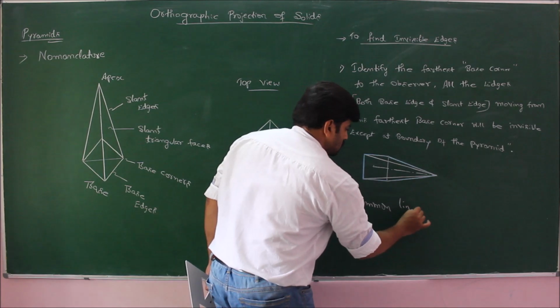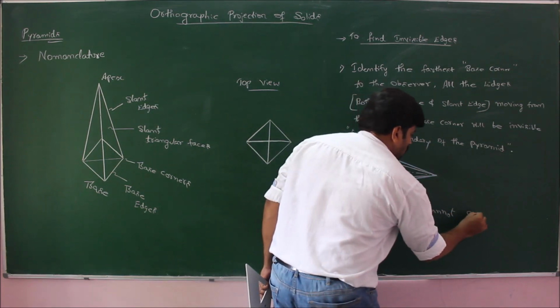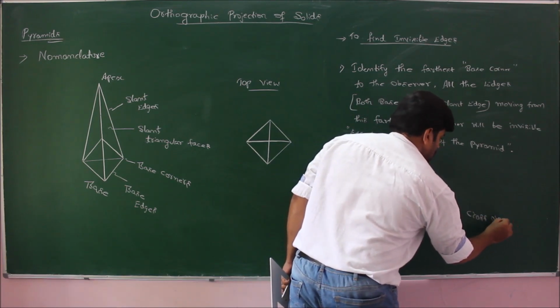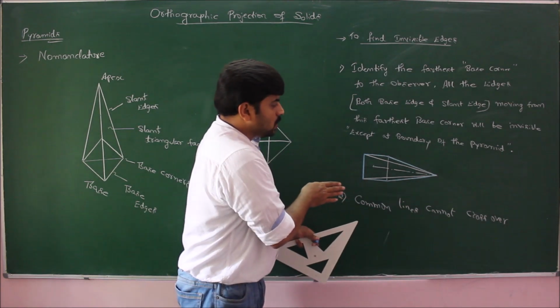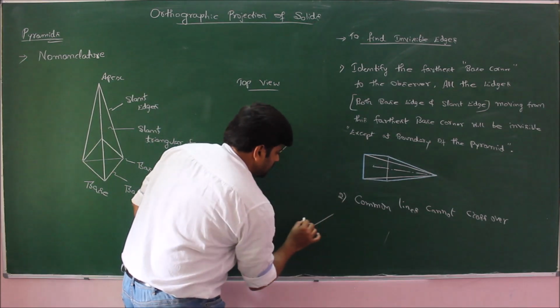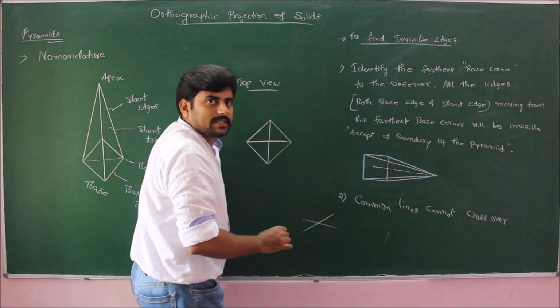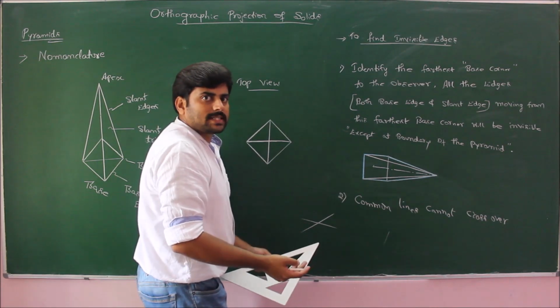The second important point is that common lines cannot cross over. If there are any two slant edges crossing over like this, then one must be invisible and one must be visible, whether these edges are slant edges or base edges.